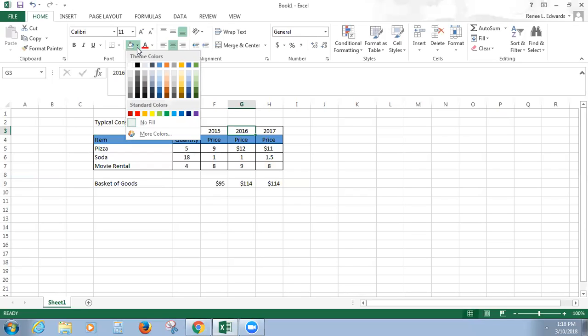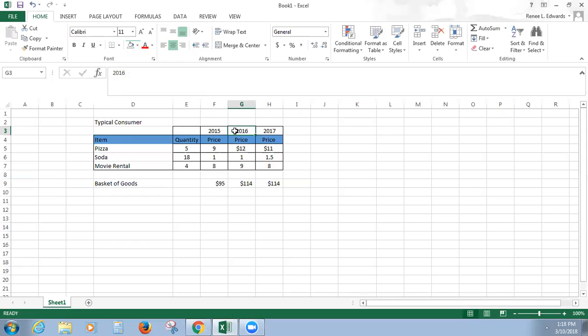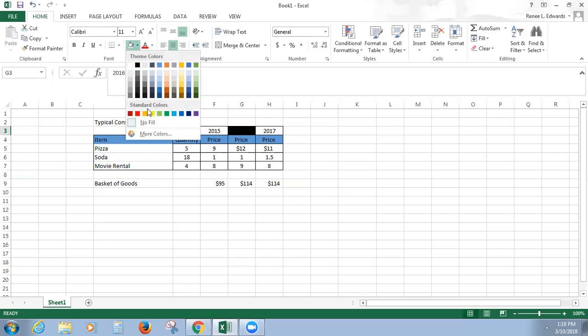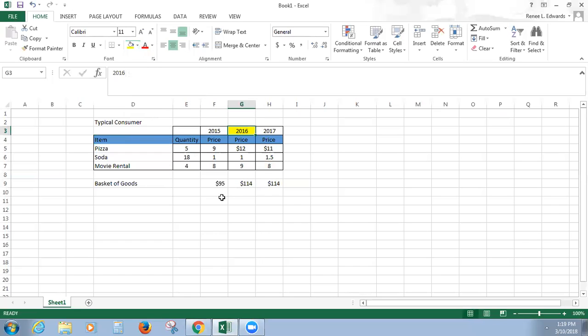What I'm going to do is index according to the base year. So I'll make 2016 the base year, which means I have to divide everything by the base year. So this is going to be equal to 95 divided by my base year, which is 114, and that times 100.